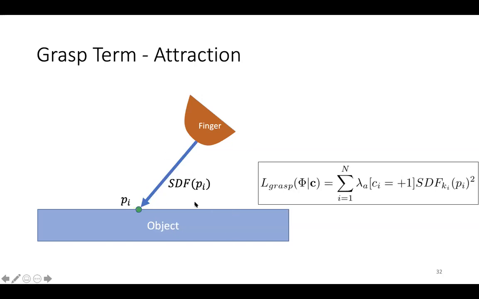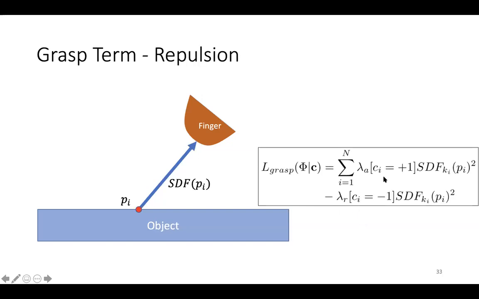What you see as SDF here is basically signed distance field. It's a trick that we use to increase the speed of computation, but I'm not going to go into the detail here. SDF basically just gives you the distance of that point with any point on the finger surface. So that's the attractive term.